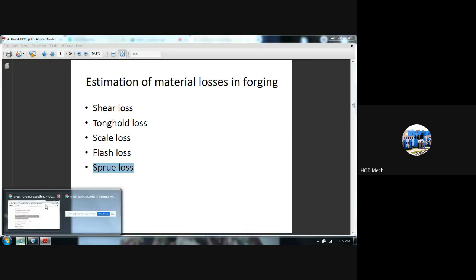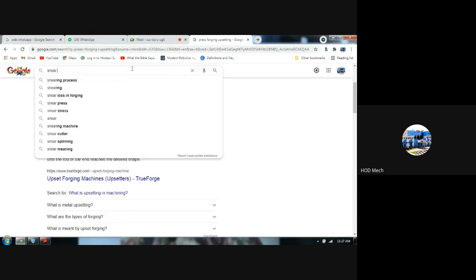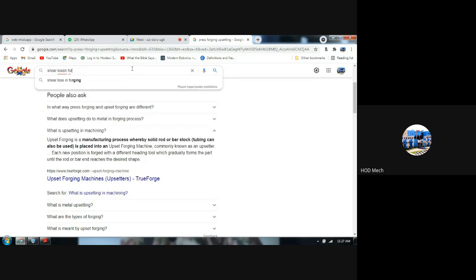Now, similarly, I will go back and I will say shear loss in forging.